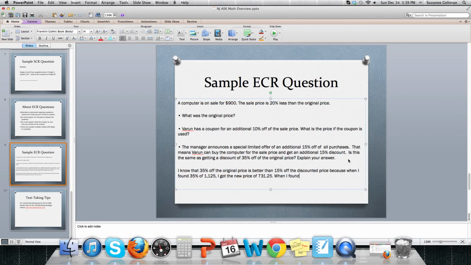When I found 15% of the discounted price, I got $765.